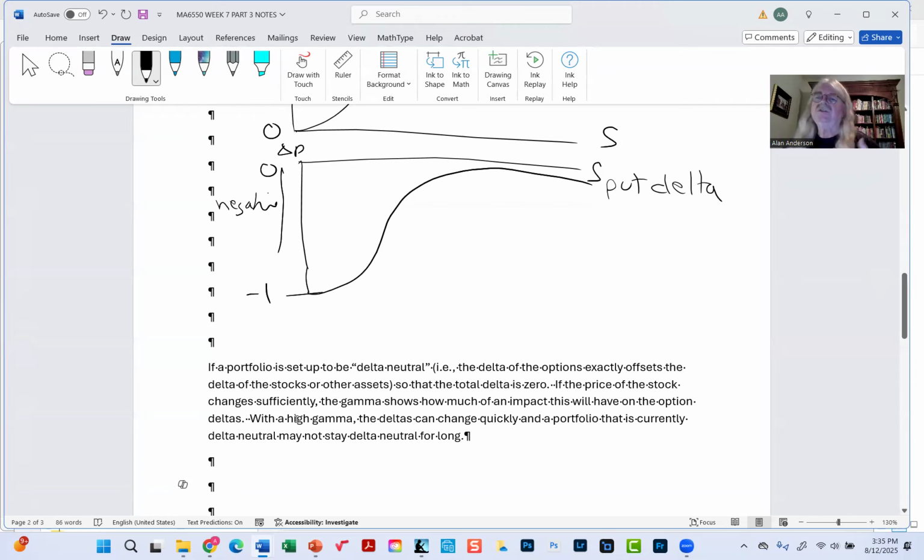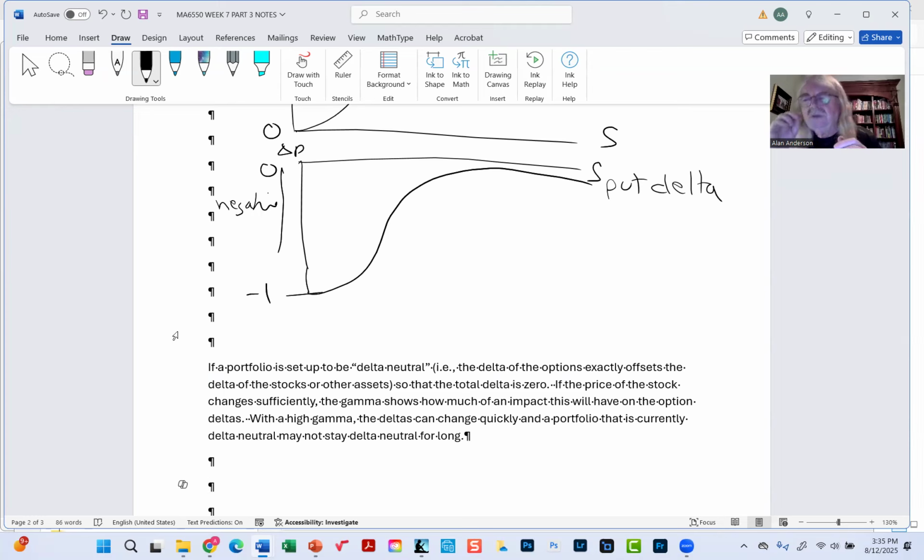All of a sudden, when you think you're at zero, you're now suddenly a positive or a negative number. So the gamma is designed to help us understand how sensitive our deltas are to changes in market conditions, and it alerts us to the fact that we may have to rebalance the portfolio from time to time. Sometimes if we buy the right securities, we may be able to make the portfolio both gamma and delta neutral at the same time.